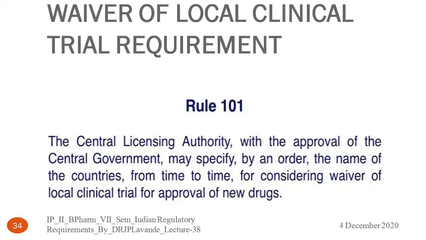This list is given by the central government and is updated from time to time, where there is a need to go for the waiver. Waiver means freedom, that is, no need to carry out a particular phase trial, like say phase 1, phase 2, right? Okay, fine.